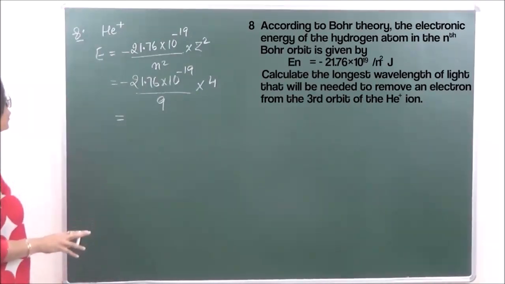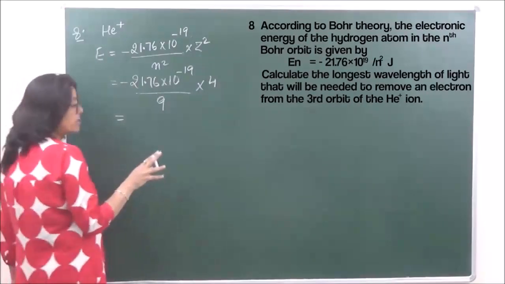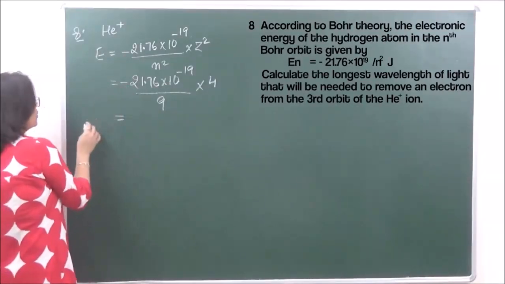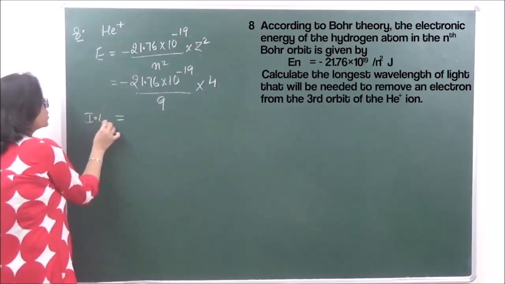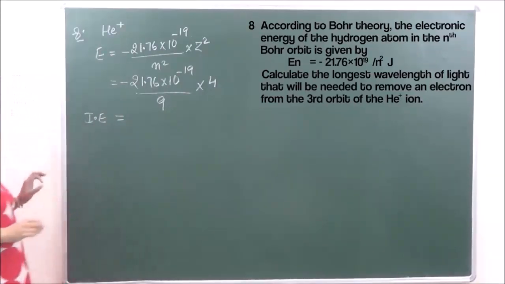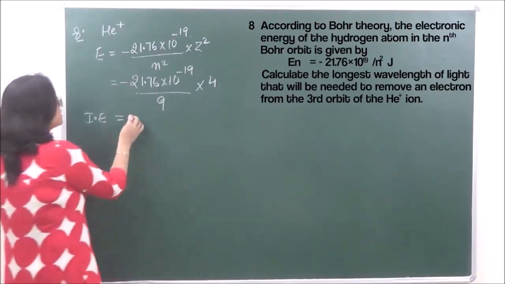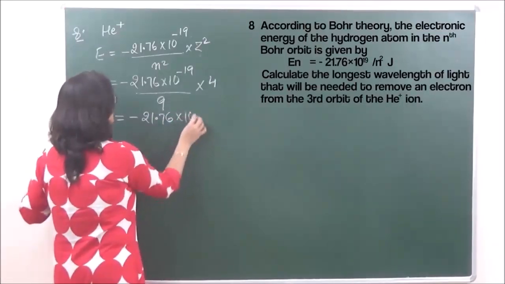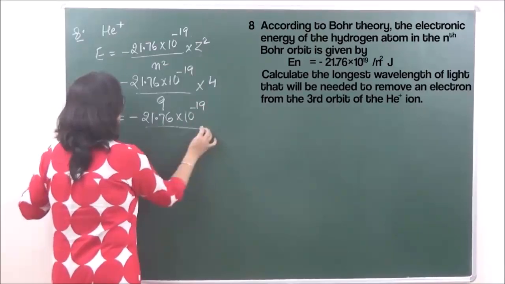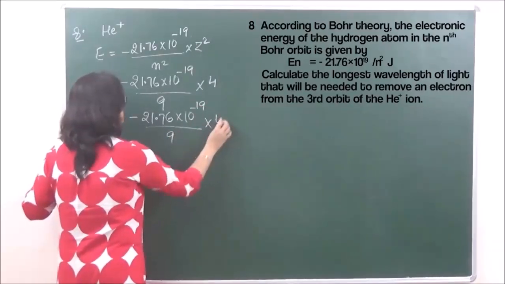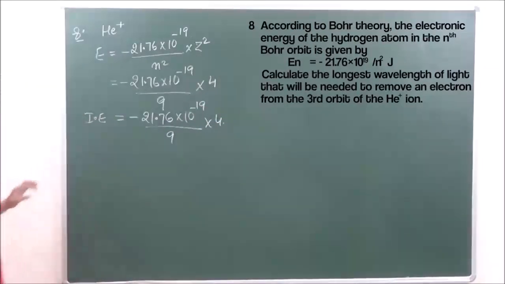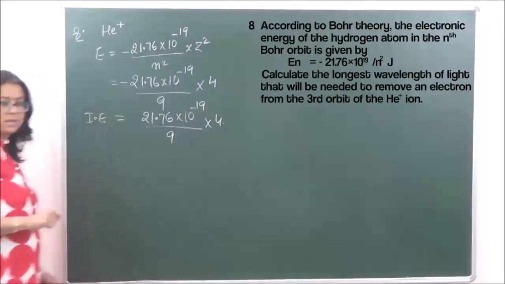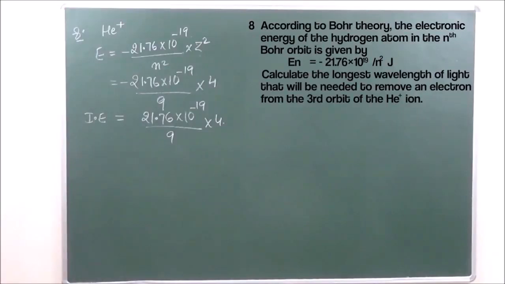Now when we are talking of ionization energy, then we will get a positive sign over here. That is the difference. So the ionization energy, or the energy required to remove the electron from this state, is going to be minus 21.76 into 4, so this is going to be positive. Okay? So this is the ionization energy.